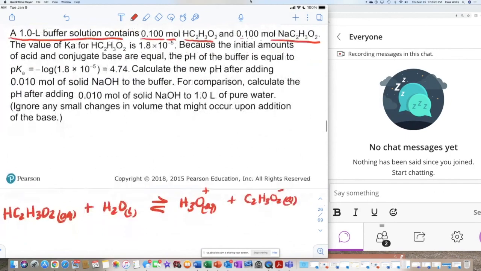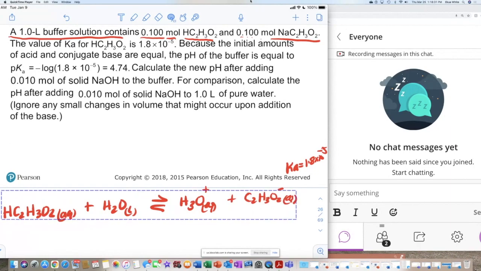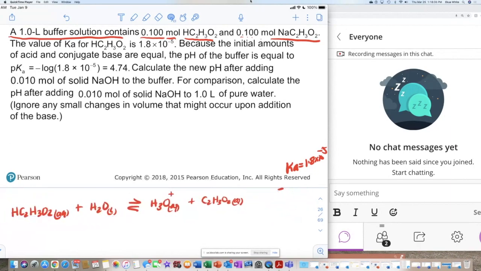Okay, and I remember the Ka that goes with this equation is Ka equal 1.8 times 10 to the negative 5. Let me see if I can make this smaller. It's hard for me to write smaller initially. I don't like to write the number up there. So Ka is 1.8 times 10 to the negative 5 for this equation.